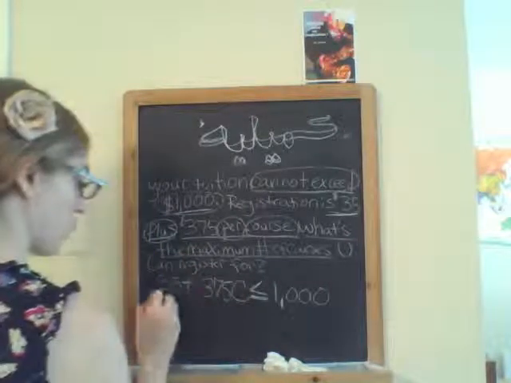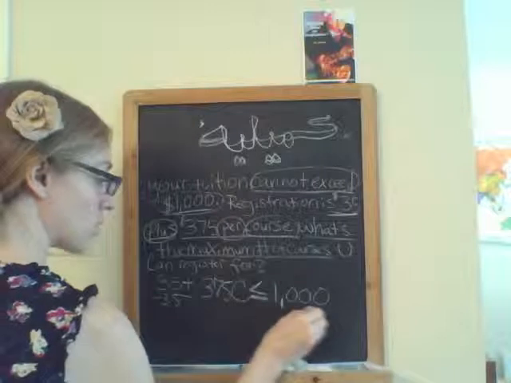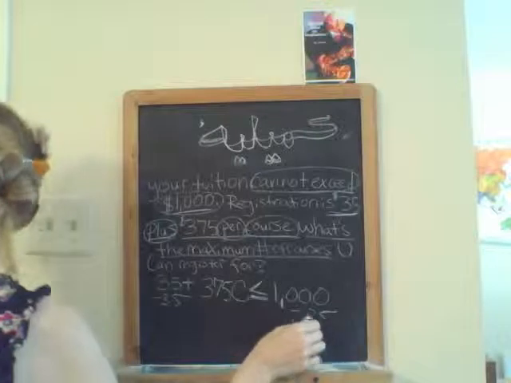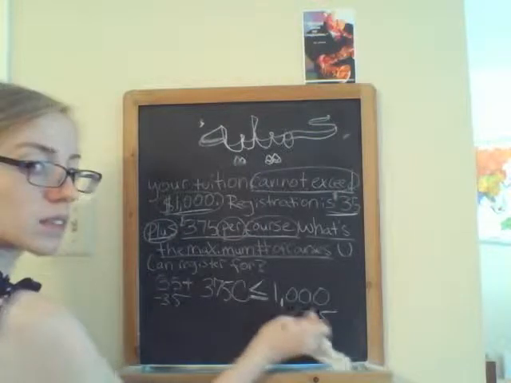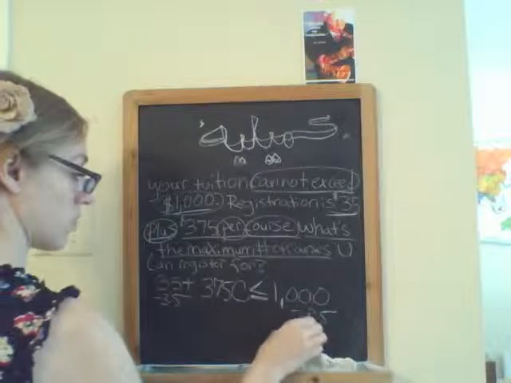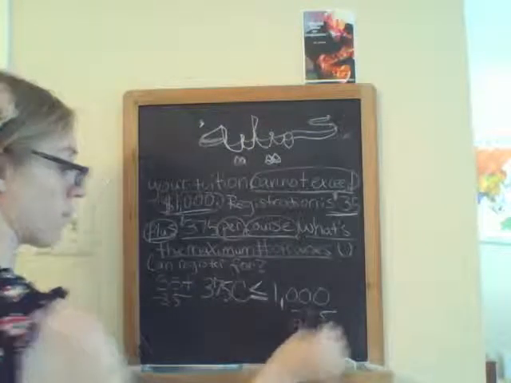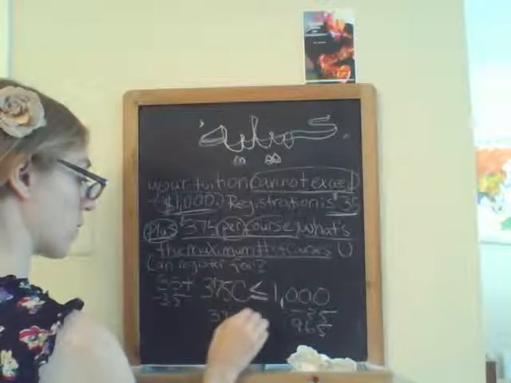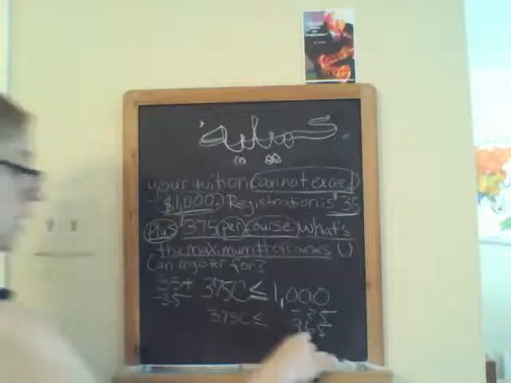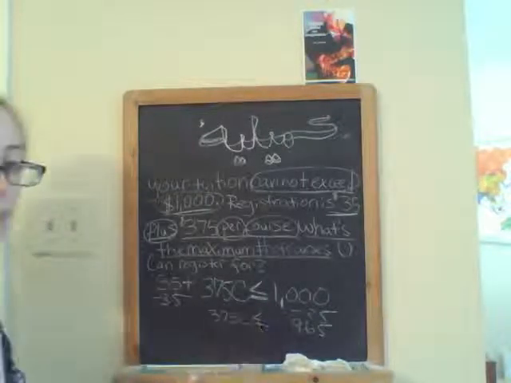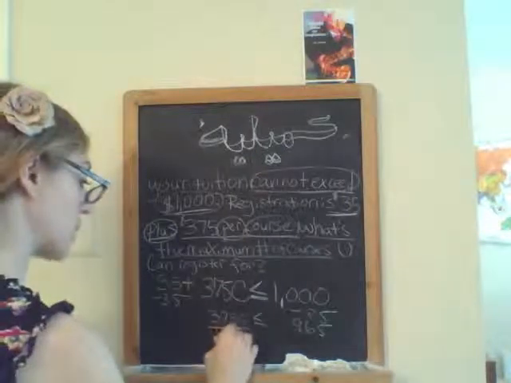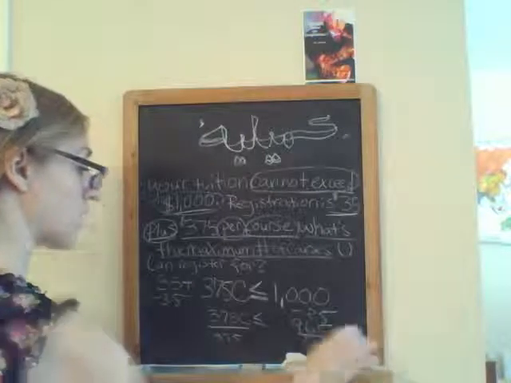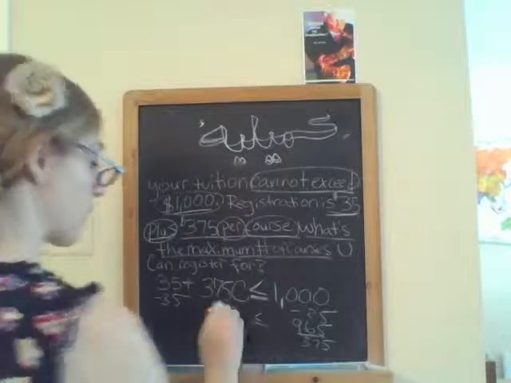So what do I do? I subtract 35 on one side, subtract 35 on this side, and it's like 965, and then I bring this down here, 375 C. And of course, to get this C by itself, our variable here, we would divide 375 into 965 there.